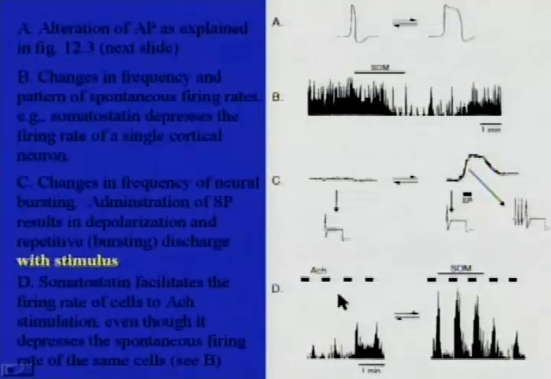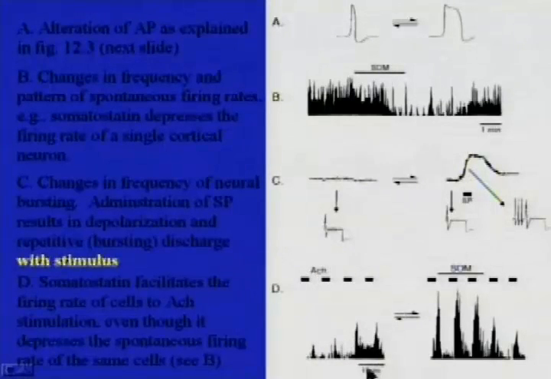So what we are seeing here is that the somatostatin, of course, facilitates the firing rate of the cells to the acetylcholine stimulation, even though it depresses the spontaneous firing rate of the same cell as in B. So somatostatin alone can suppress the firing rate by acting on the calcium channels and can increase the response to the neurotransmitters. So here we see the acetylcholine.